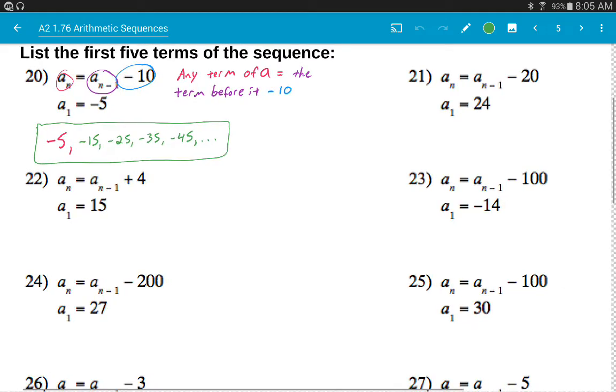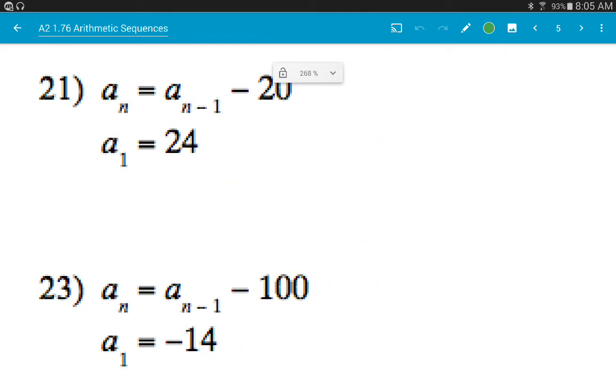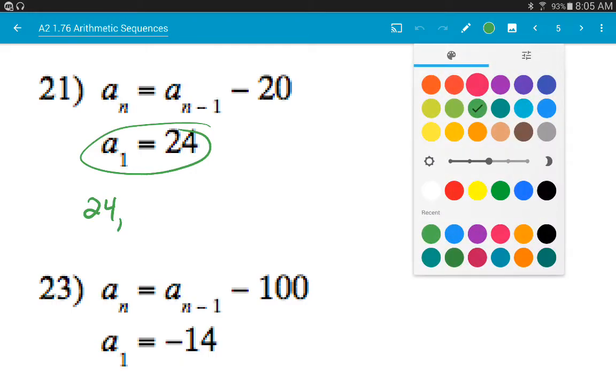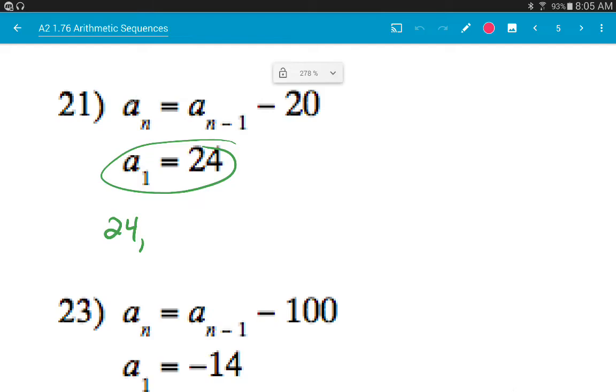Let's do one more. 21. The first term is 24. That's what this is telling me. A sub 1 is 24. And I'm just going to say it. I'm not going to write it out now. Any term of a is equal to the term before it minus 20. So minus 20, that gets me 4.